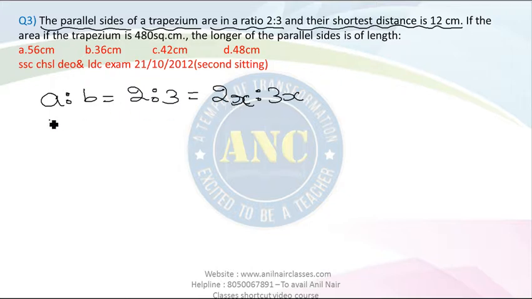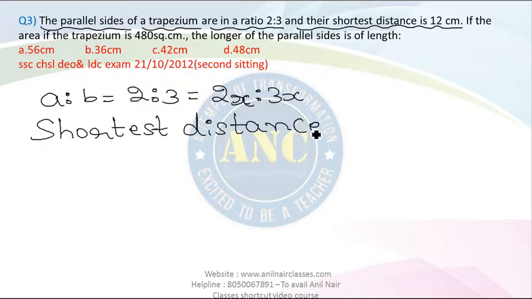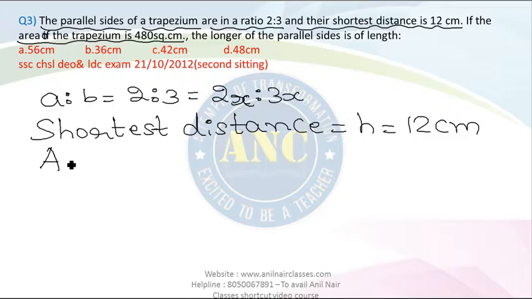Shortest distance is always nothing but the perpendicular distance, which is nothing but the height. It is given in the question as 12 centimeter. If the area of the trapezium is 480 centimeter square, area of trapezium is given in the question as 480 centimeter square.